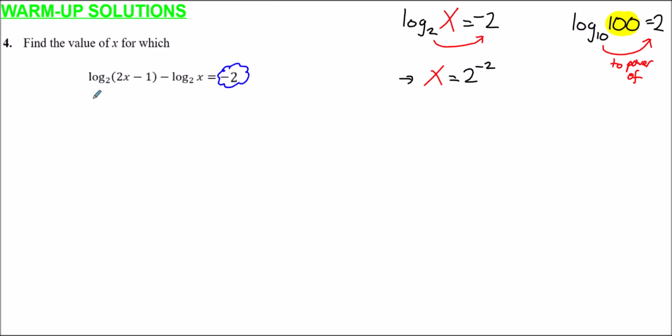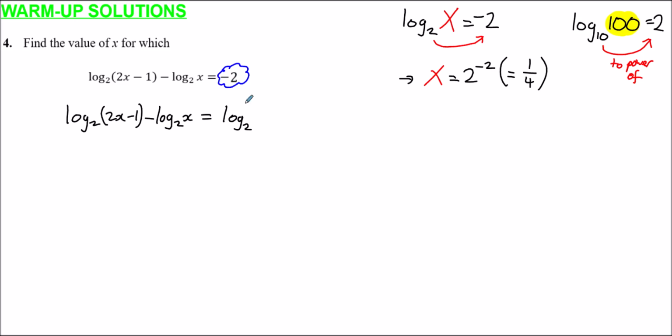So we can rewrite this now as log base 2 of 2x minus 1 minus log base 2 of just x equals log base 2 of 2 to the minus 2. Now 2 to the minus 2 equals a quarter.